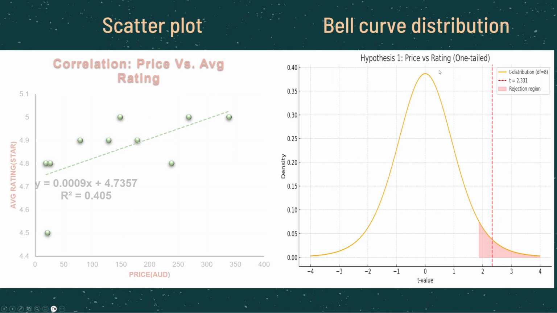And for the bell curve distribution, we can see that our t statistic value falls into the rejection region, hence the rejection of the null hypothesis.